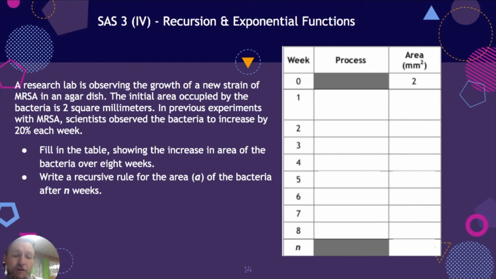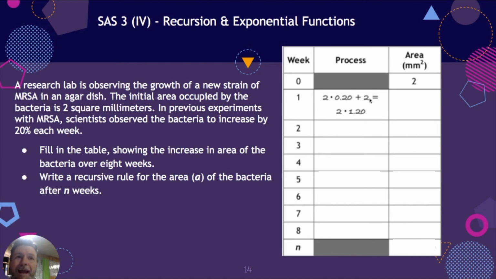And we're going to write a recursive rule. Okay, so first day, we increase 2 square millimeters. Okay, is that right? 2 times 0.02 plus 2. So think of what it's saying. The initial area occupied by the bacteria is 2 square millimeters.